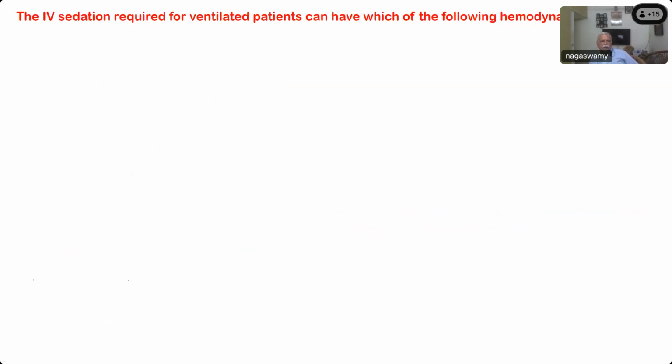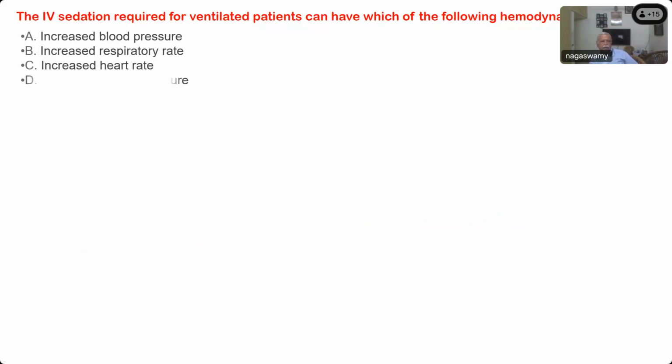IV sedation required for ventilated patients can have which of the following hemodynamic effects? Increase in blood pressure, increase in respiratory rate, increase in heart rate, decrease in blood pressure. Mostly decrease in blood pressure. E, sir. Decrease.